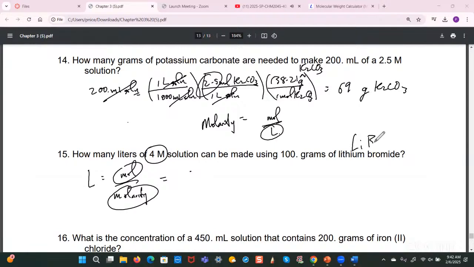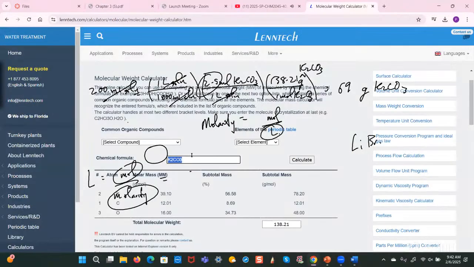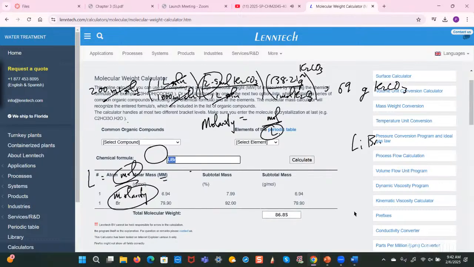LiBr, exactly. So you go to the periodic table, or if you're lazy like me, you go to your molecular weight calculator and put in the formula of LiBr. Of course, you guys don't have the opportunity to do that.